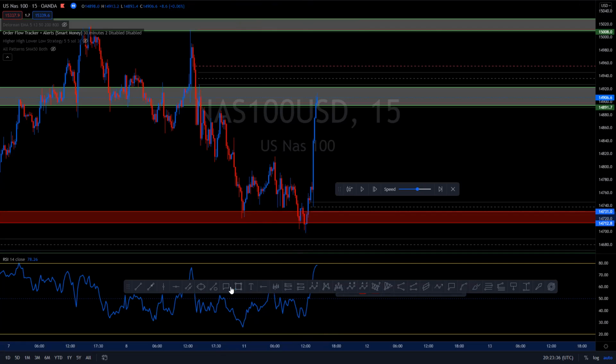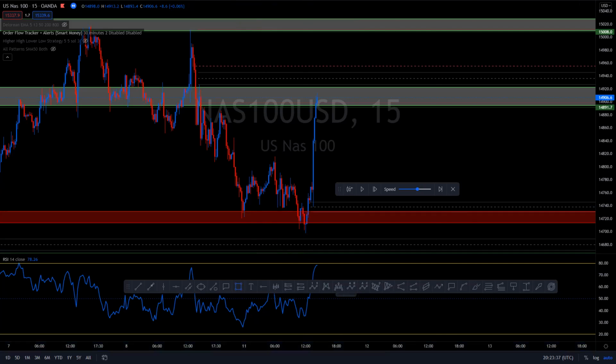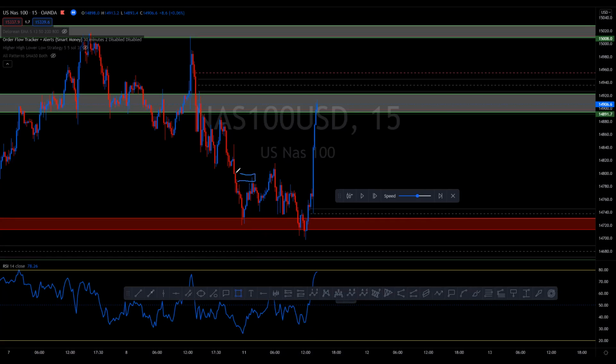So it's realistic for us to say that there's actually an imbalance in this area here, okay?